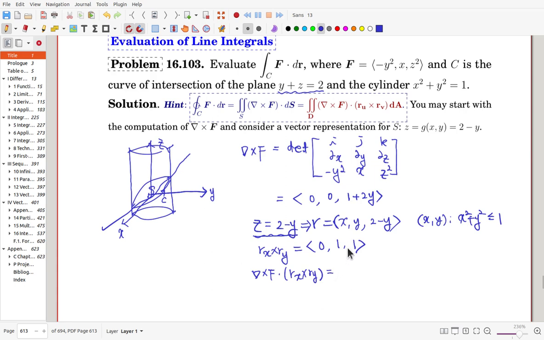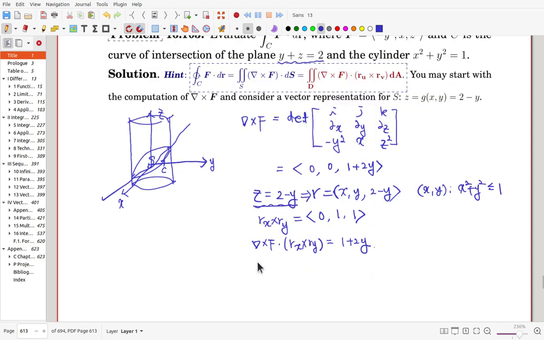That one is 0, 0, and 1 plus 2y. So we got the integrand. So the given integral is the same as the double integral over D of 1 plus 2y dA.